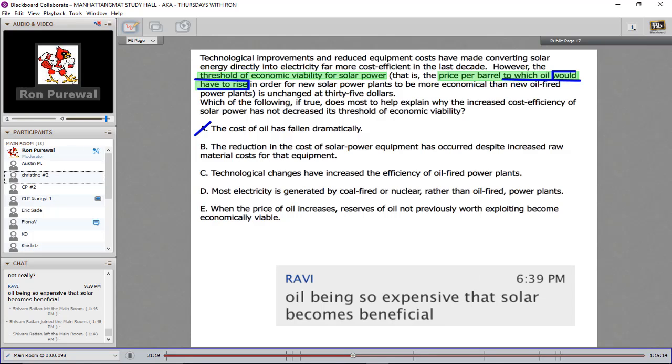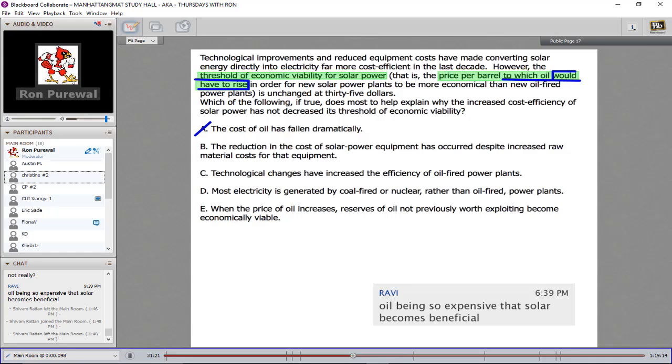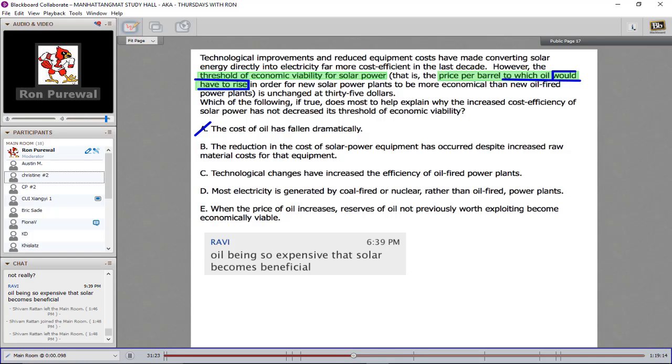You can make an analogy for this if you want. Let's say that most people who go into downtown areas of cities just drive and park. But if gas and parking costs are high enough, it's cheaper to just take transit into the city. So in that case, you could have the threshold of viability of transit.